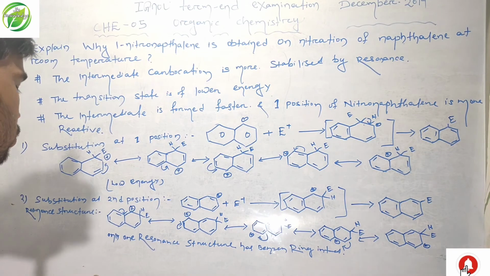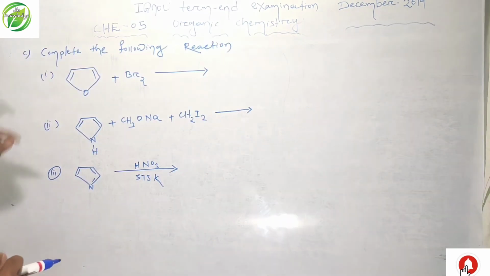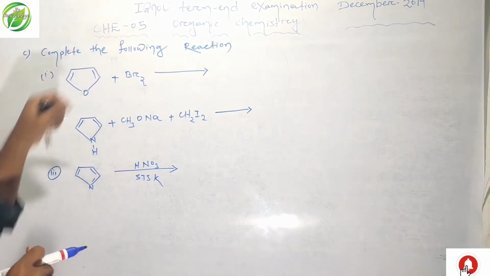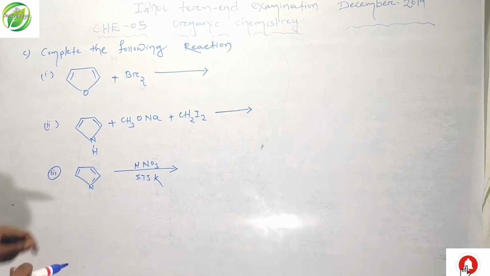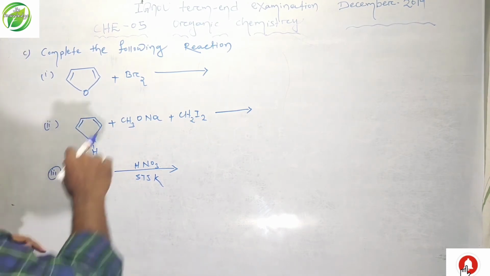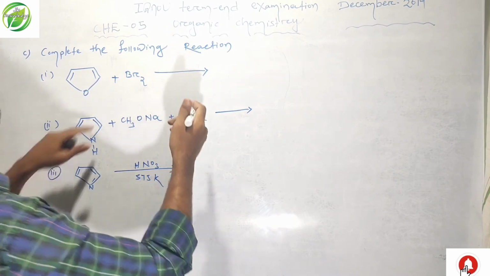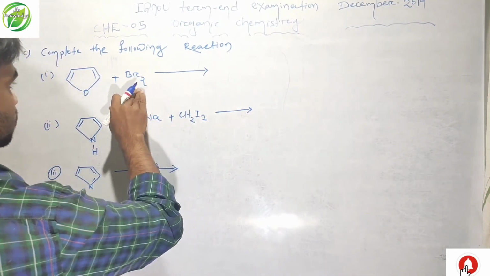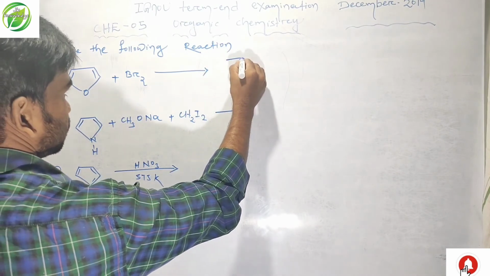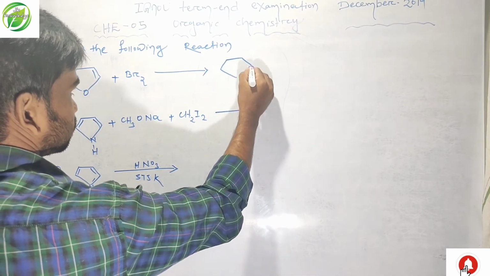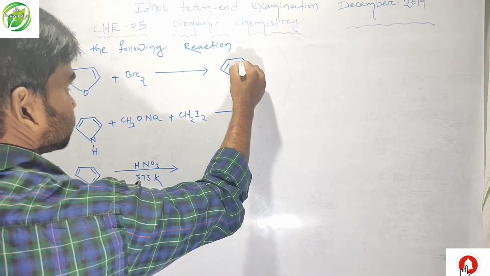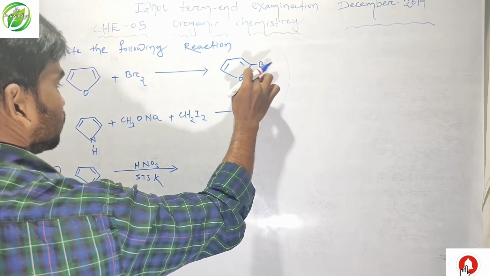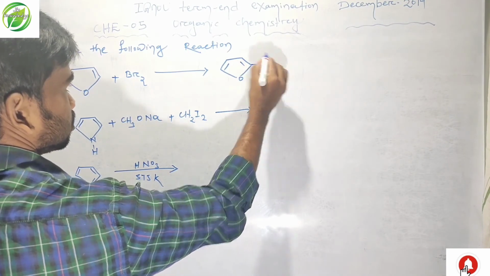Let's go to the next question. Friends, this is question number C. Complete the following reactions. Friends, when furan reacts with bromine, a substitution reaction occurs, that is electrophilic substitution. The resultant product: we simply join bromine at this position.